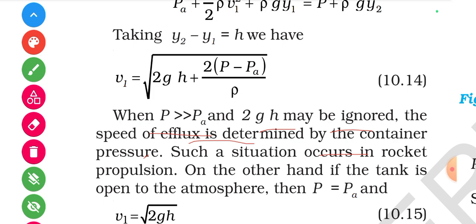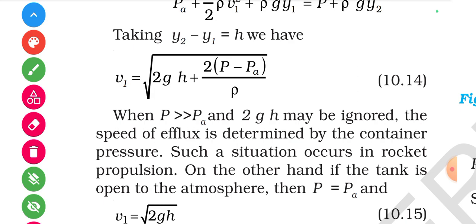If the pressure inside the tank at the highest region is greater than atmospheric pressure, then this part can be ignored because it is very small. When will this condition happen? In rocket propulsion. In a rocket, the pressure inside is very high and there is no atmospheric pressure. In that condition, this can be ignored, so we only obtain v1 is equal to root of 2 times p minus pa upon rho.